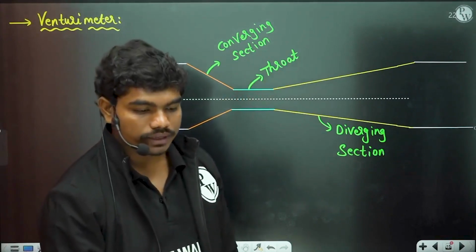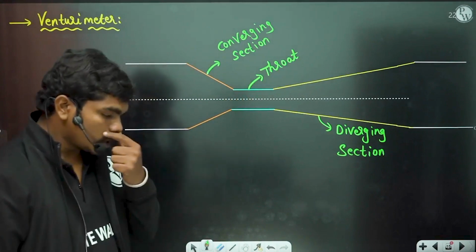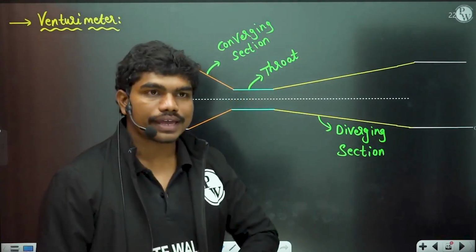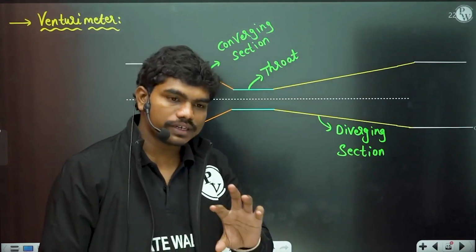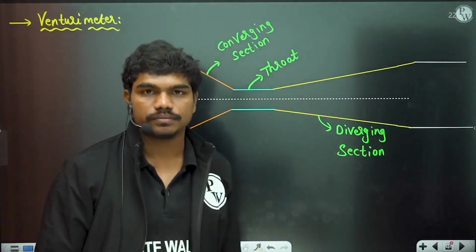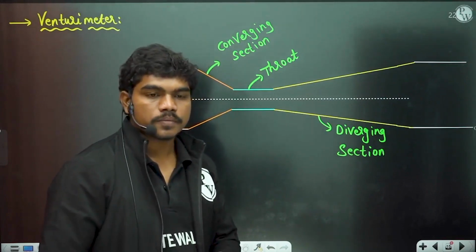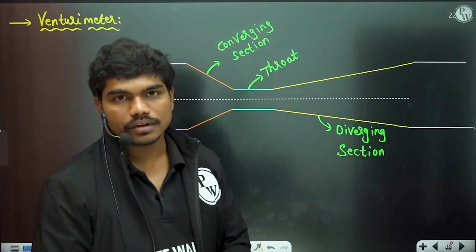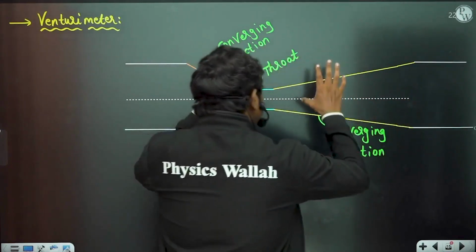Now if you observe one thing very carefully, in interviews one famous question is, can you connect a Venturi meter in both the ways? What is your opinion? Because the pipe diameter is the same, you will fix the Venturi meter in between a pipeline.